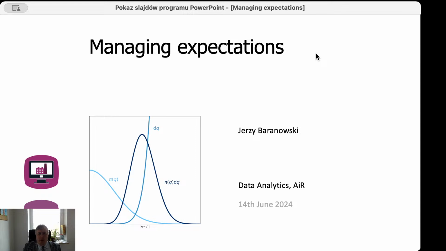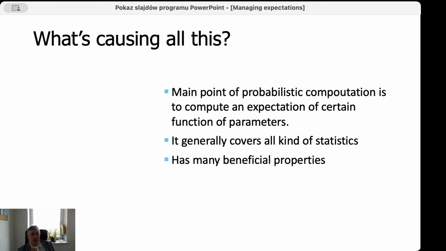So, without further ado, the main point of probabilistic computation in general is computation of expectation of certain functions of parameters. We assume that there is a joint probability distribution that describes the parameters and data, and we want to have some kind of information that represents the joint distribution, in particular some quantity of interest.